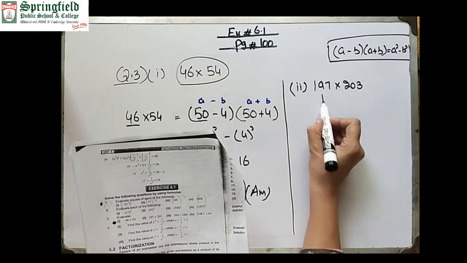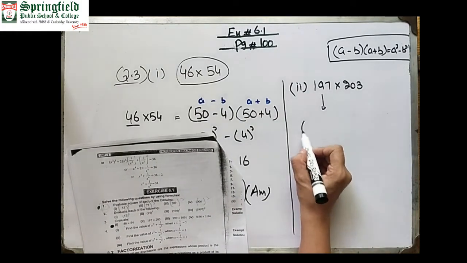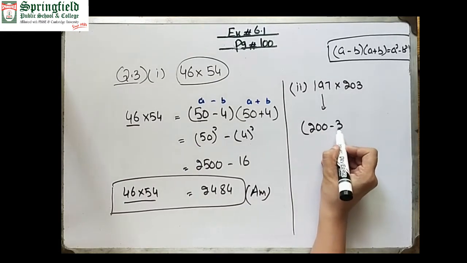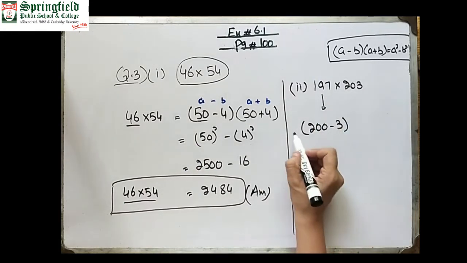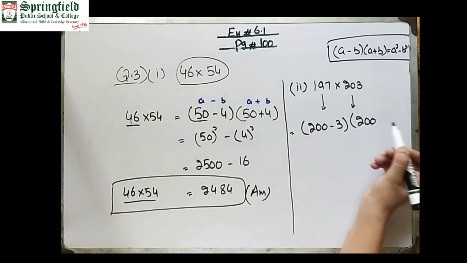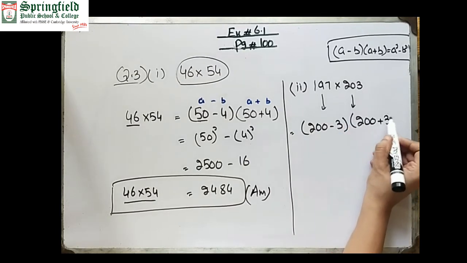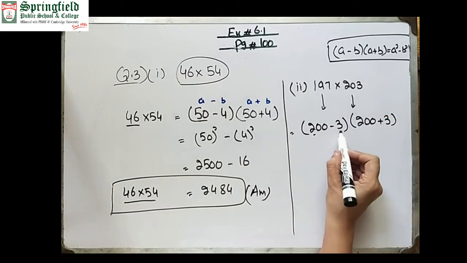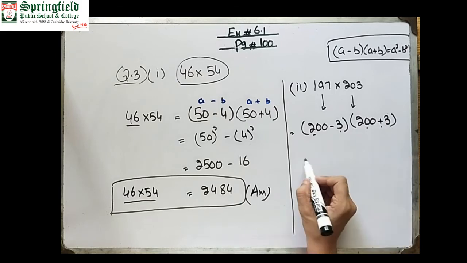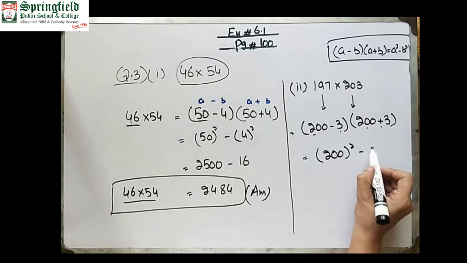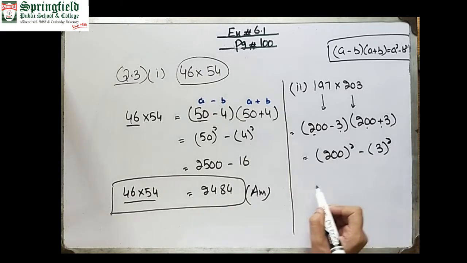So how can we write? 197 can be written as 200 minus 3, and when we add 3 to 200, it will become 203. So A minus B, A plus B will become A square minus B square. Now find out the answer.